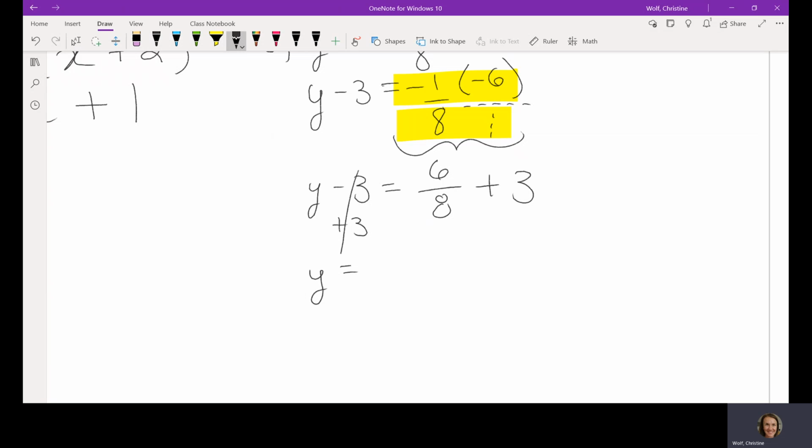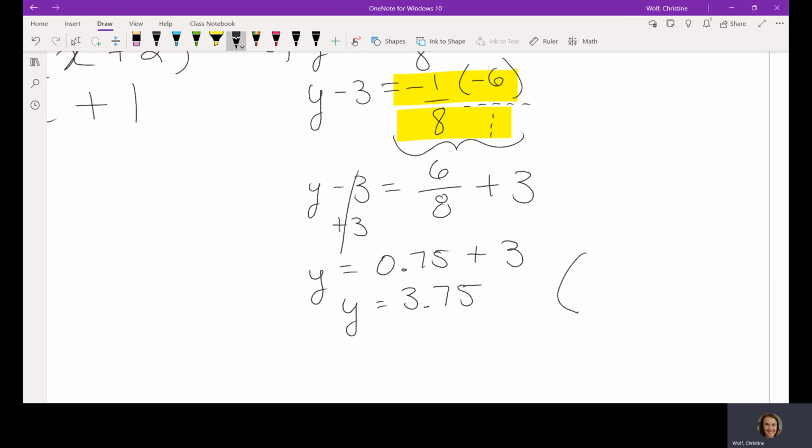So now if I add 3 to both sides, my right-hand side becomes 0.75. I change that to a decimal. That's okay. When we're graphing, decimals are preferred. So I change the fraction to a decimal, add that to 3, and there we go, you guys.